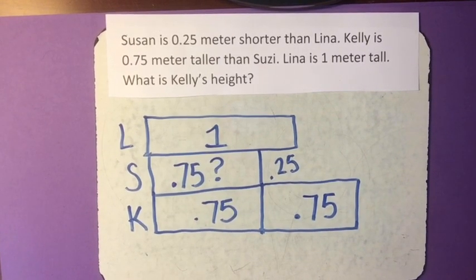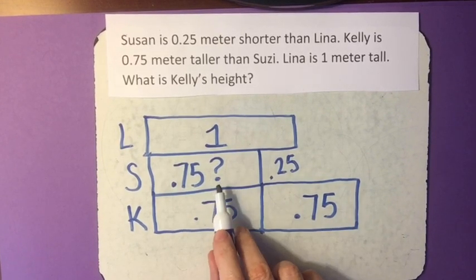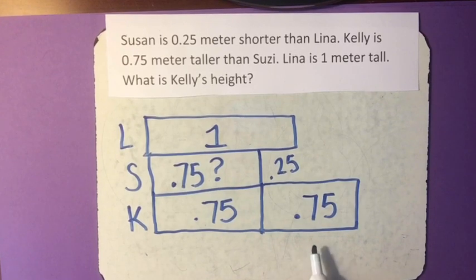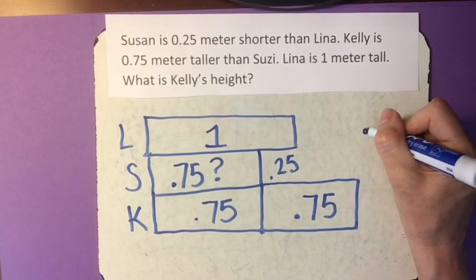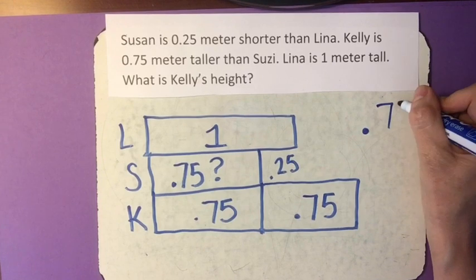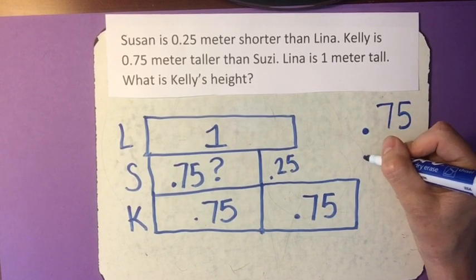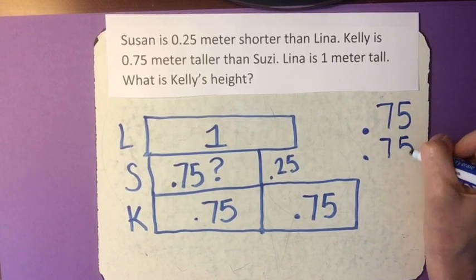So now how are you going to solve for this problem? What is Kelly's height? We know Lena's, we know Susie's, we need to figure out Kelly's. So what we can do is just add up 75 hundredths plus 75 hundredths.